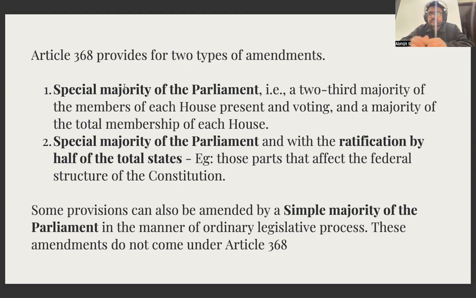The second is where you have a special majority as in the previous case, but apart from that, you also get that law ratified by more than half of the total states of the Indian Republic.